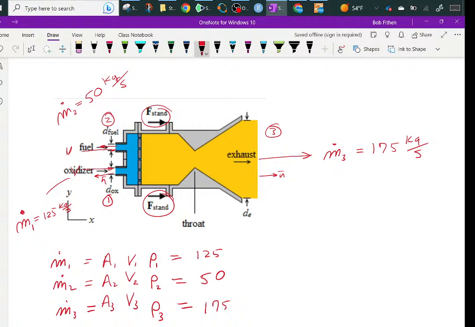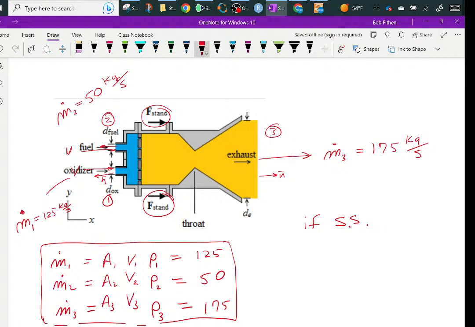Now, the equation itself, if it's steady state, I'm going to do the x equation. Sum of the forces. Actually, I should do sum of m dot, but I'm sort of doing that here. So this is the case right here.